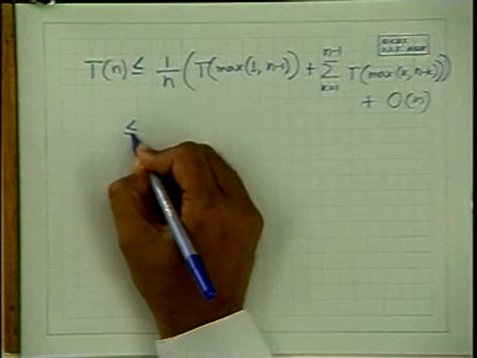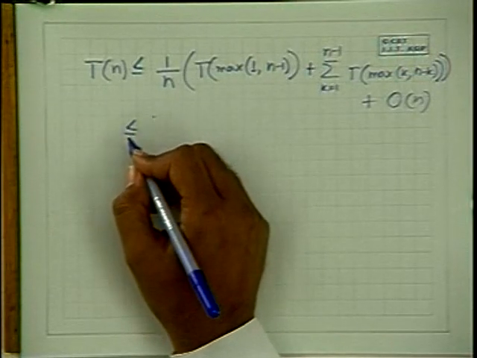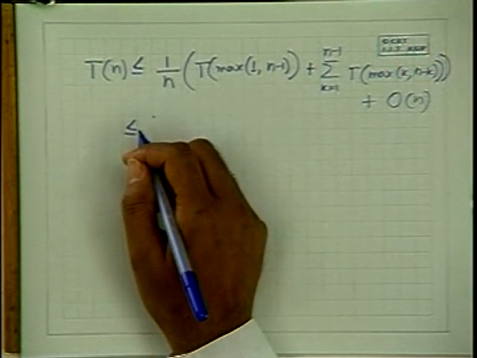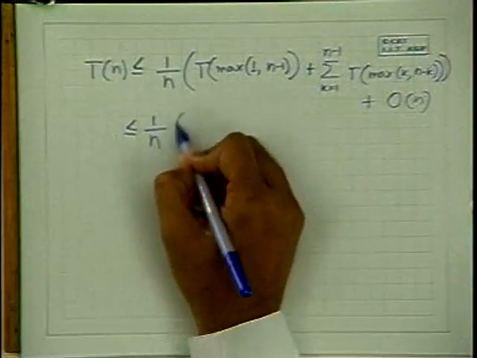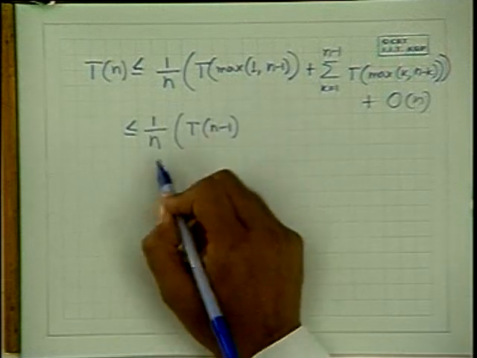This is less than or equal to. Actually, you cannot write it without the max, because suppose n is equal to 1, n minus 1 is 0, but you have to spend T1. So to be precise, you have to write it. Okay, so 1 over n, this I am going to write as T of n minus 1, as you have pointed out.